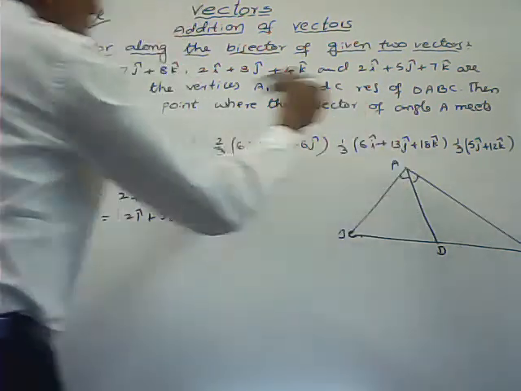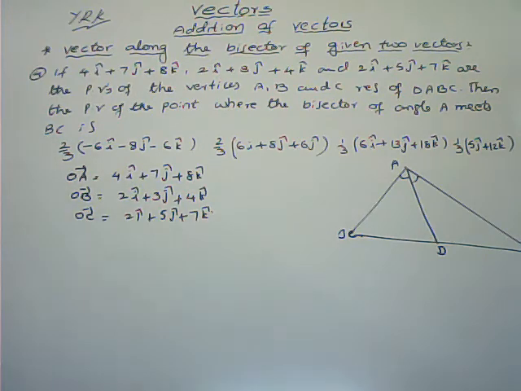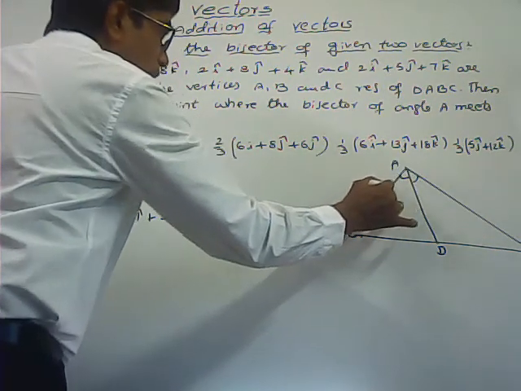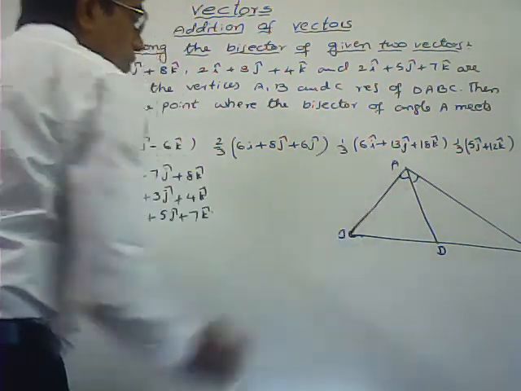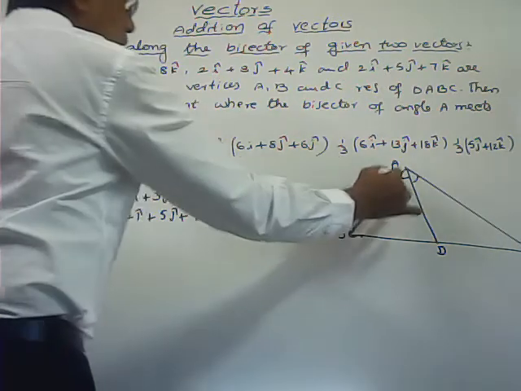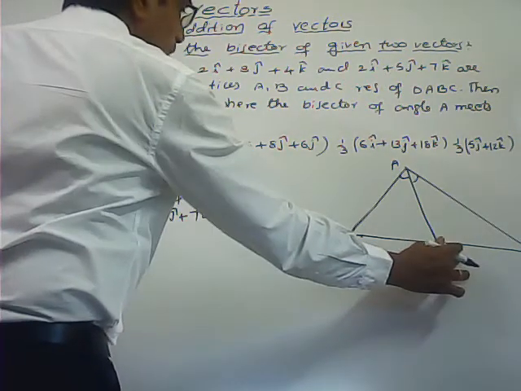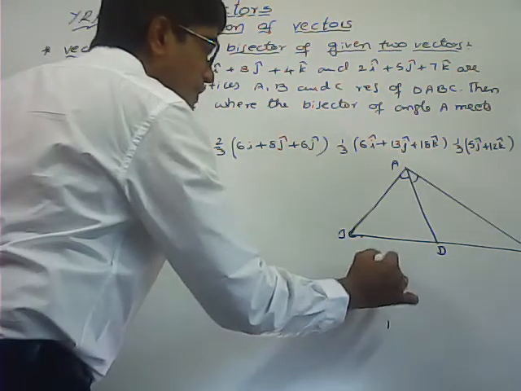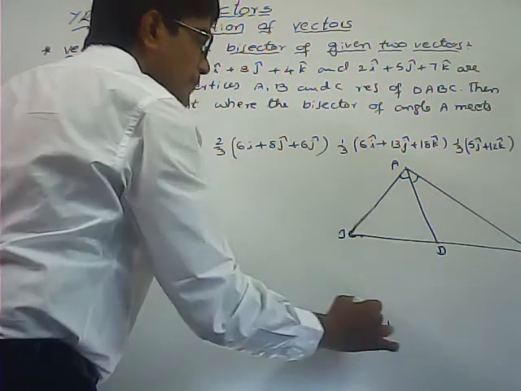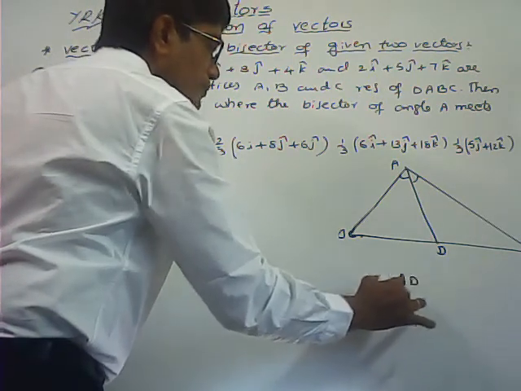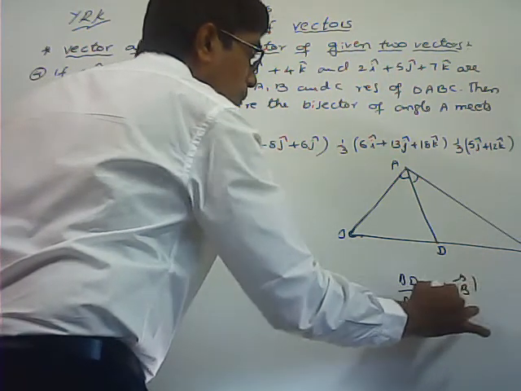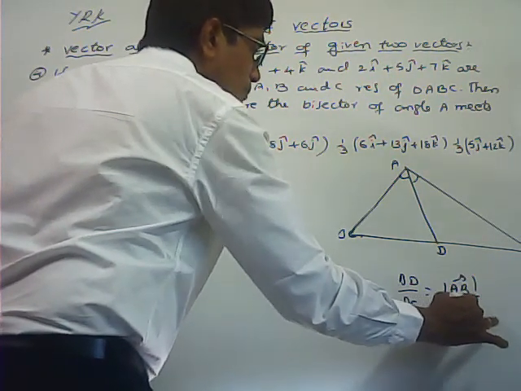The position vector of that ABC with respect to origin OA bar, OB bar, OC bar. And here in the plane geometry we learnt one theorem. In a triangle, the bisector of the angle of a triangle divides the base in the ratio of the other two sides only. So here BD by DC, that is equal to AB by AC, that is equal to modulus of AB bar by modulus of AC bar.